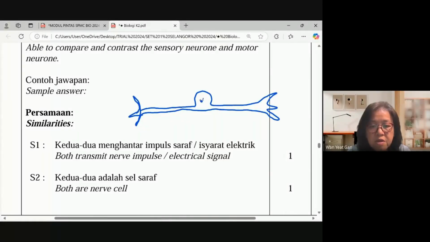Whereas motor neuron cell body is found at the end of the cell, and it transmits nerve impulse from the relay neuron to the effector.